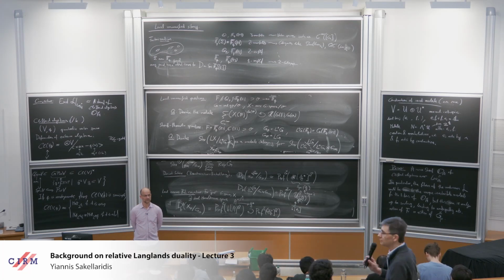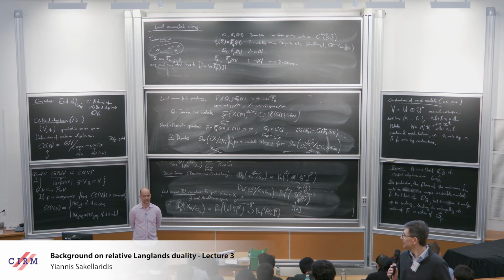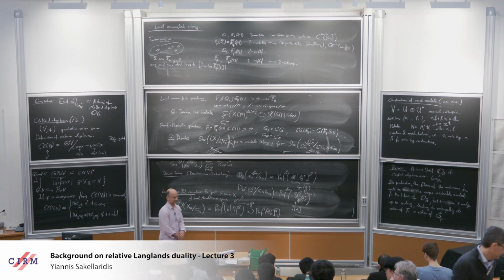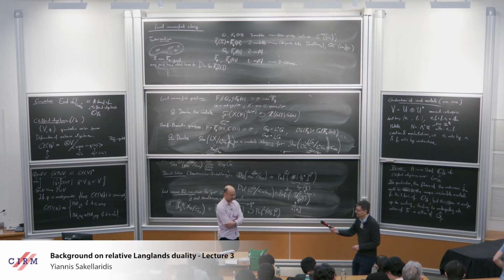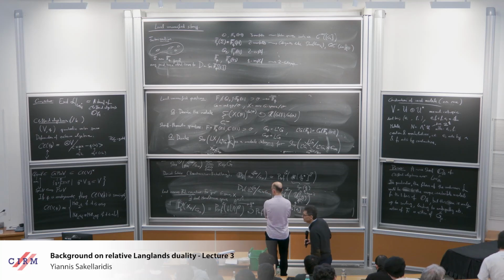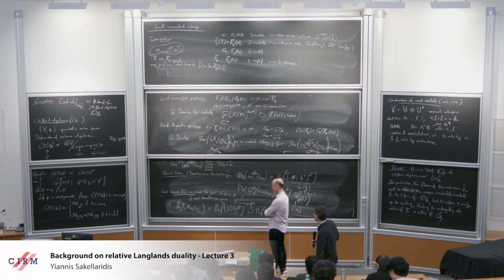There's a question? It's okay. Yeah, fine. How much can you recover of M check from the right-hand side of this local conjecture? You can recover everything.